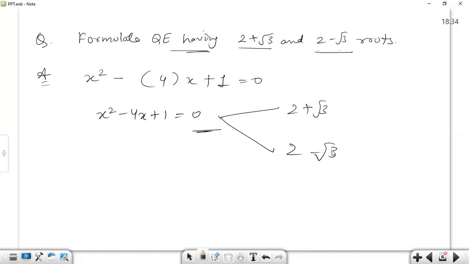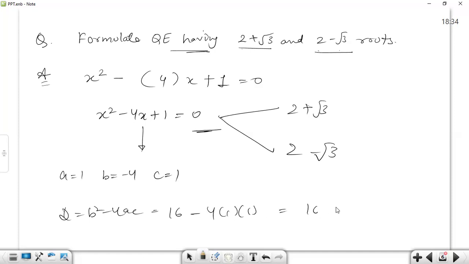Now, the roots are irrational. Let us check what its discriminant is. A is 1, B is minus 4, C is 1. Discriminant is b square minus 4ac. So minus 4 square is plus 16, minus 4 into 1 into 1. So 16 minus 4 is 12.